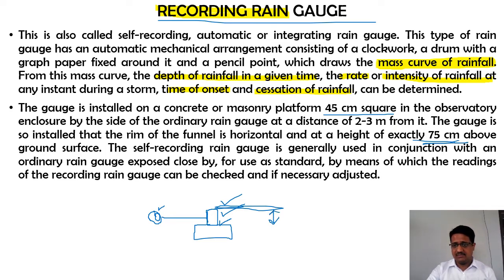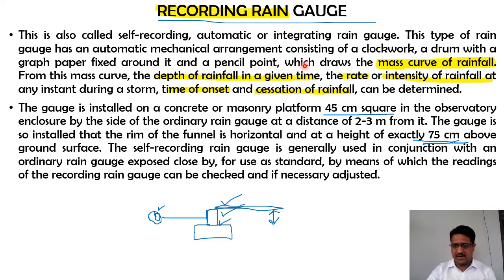Why is this a bit more than the Symons type of rain gauge station, the non-recording type? The reason is that here we have a few more instruments. As you have seen, this type of rain gauge station has an automatic mechanical arrangement consisting of a clockwork, a drum with a graph paper fixed to it, and a pencil point.